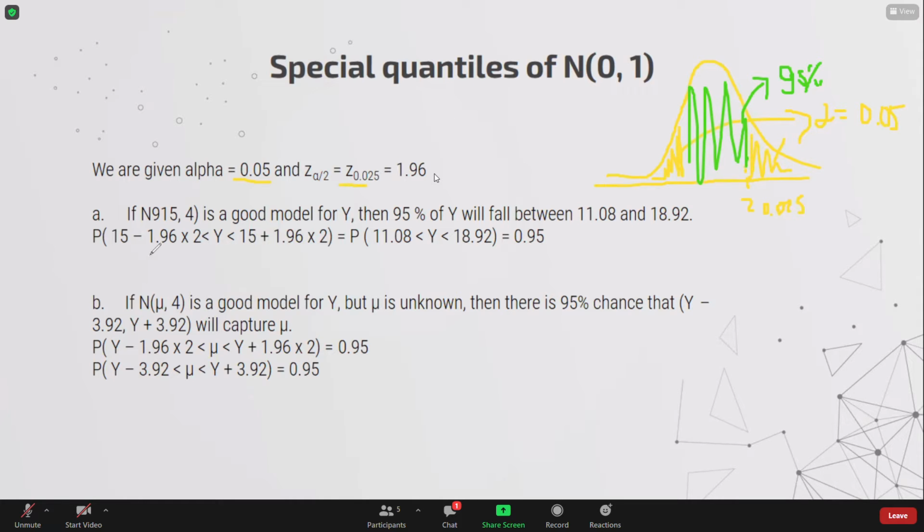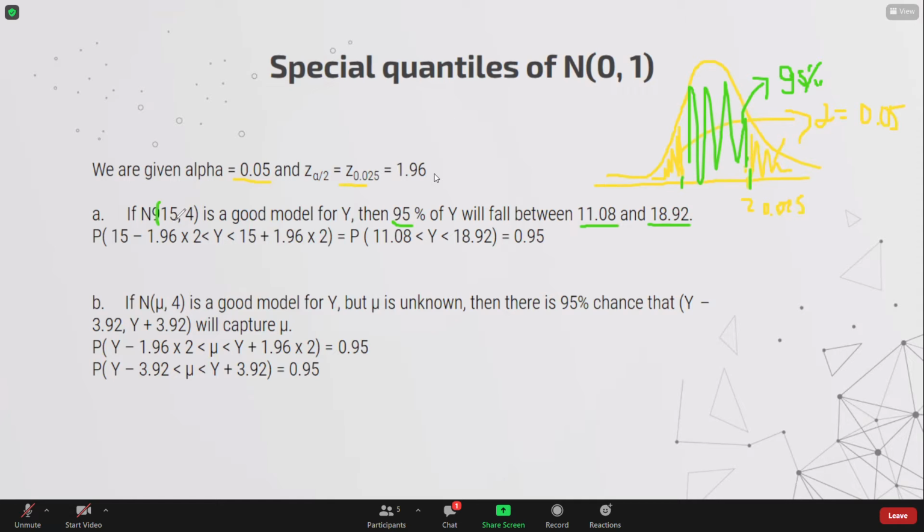And for example, if we have the model N, again here a bracket, and we know that it's a good model and represents 95%, that is between the interval, which is 11.08 and 18.92, we can use the same standardization formula as before.